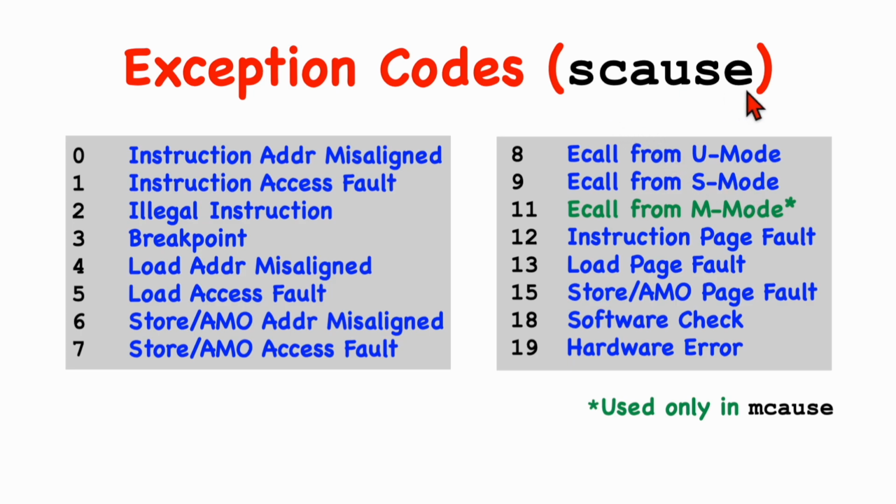Now, if we're looking at the scause register, we would only see supervisor mode related exceptions. So the eCall from M mode would go to a machine mode trap handler, and we would only be using the mcause register, and so this code number would only occur for the mcause, but I listed it here to be complete. And finally, we could have a problem with the hardware. If the internal checks of the core fail, we might get a software check or a hardware error code.